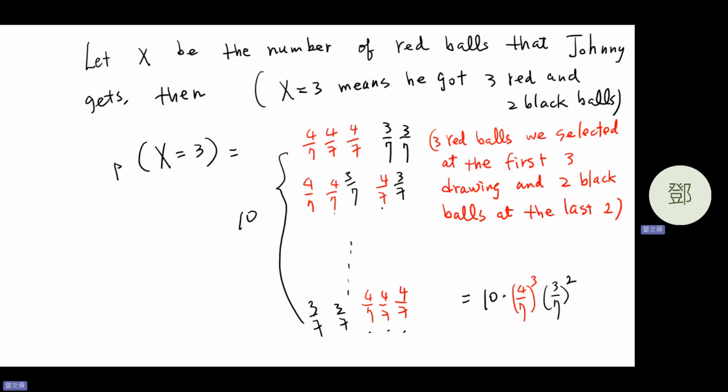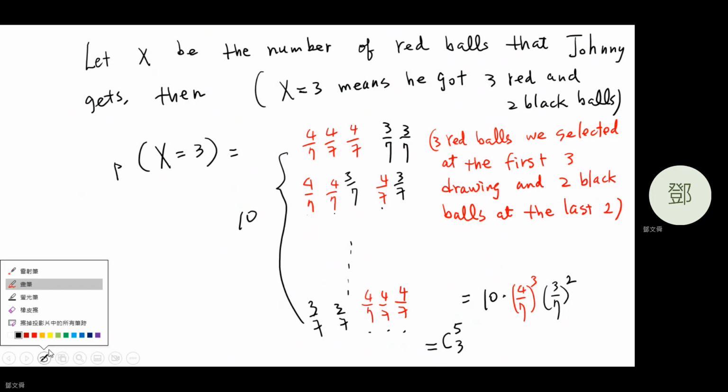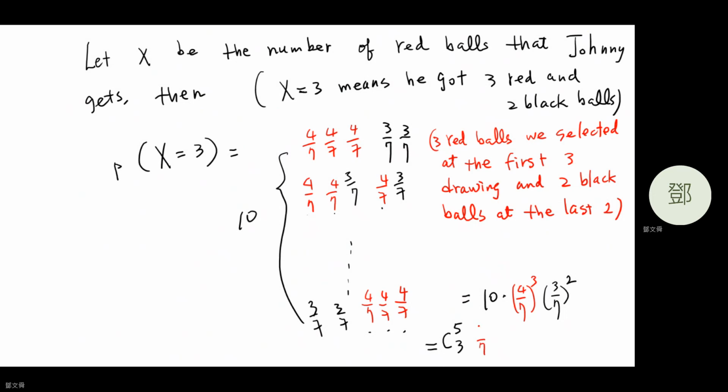What I prefer is this expression: 5 choose 3, times 4/7 raised to the power 3, and 3/7 raised to the power 2.